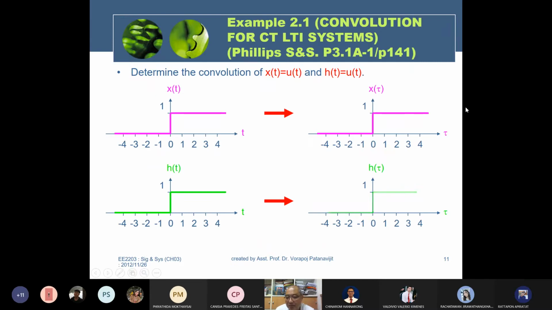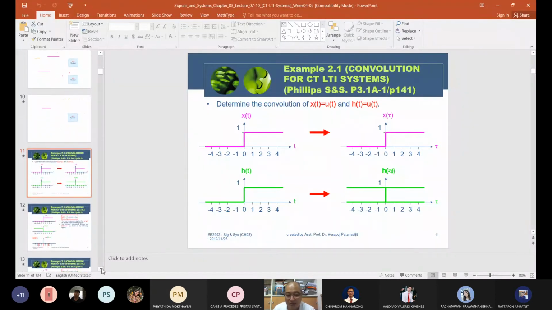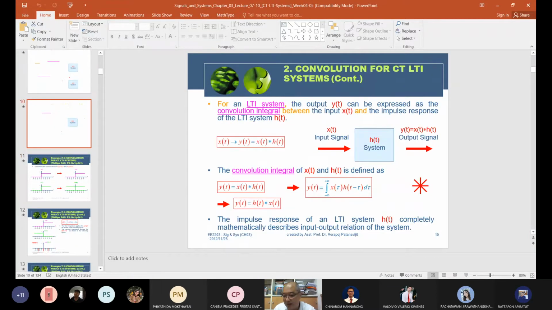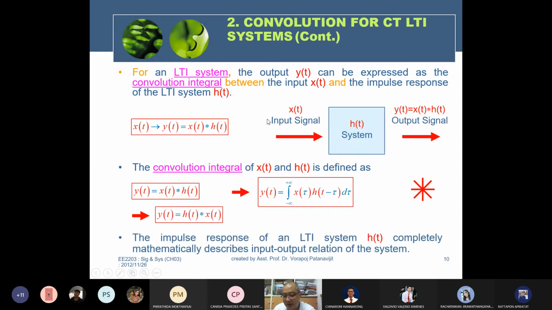The way to compute the convolution, I think I already taught you, and you know roughly how to compute it, but you don't know why to use it. For the summary, we will use it in this form. If the system has the input x(t) and the impulse response h(t), and you would like to find the output, the output equals the convolution between x and s.